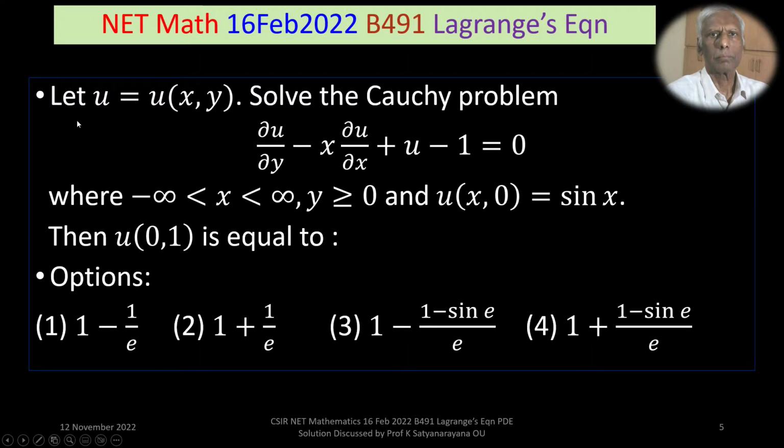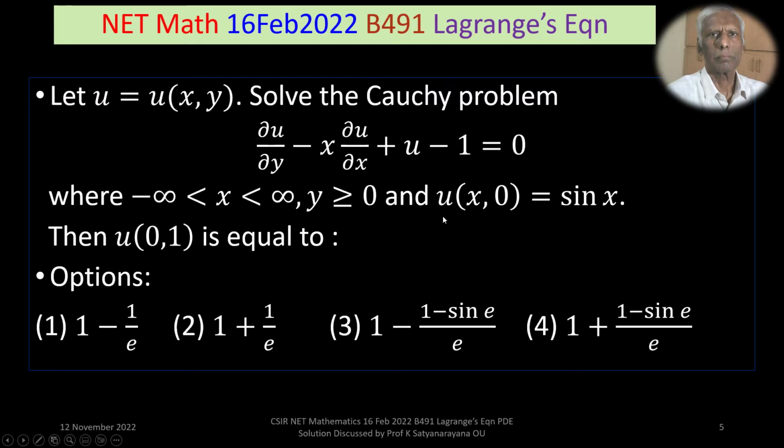And it is given u is a function of x and y. We have to solve this Cauchy's problem: del u by del y minus x into del u by del x plus u minus 1 is equal to 0, where x belongs to R and y is non-negative.